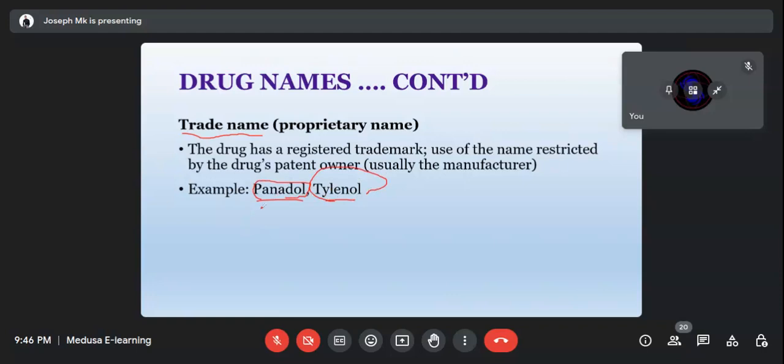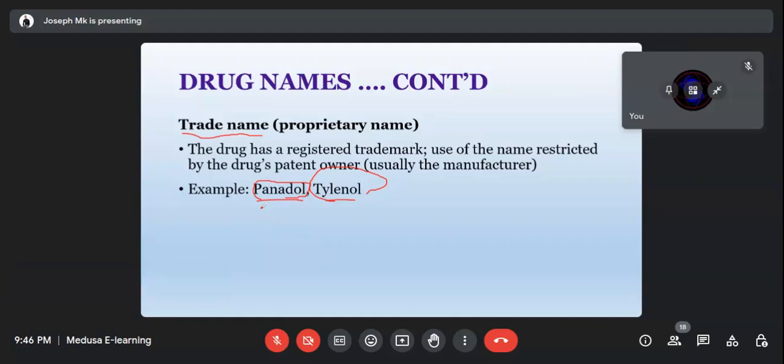But in this same Panadol, there is paracetamol, and everyone can use paracetamol as their ingredient. They just can't call it Panadol because Panadol is a brand name. By this trade name, it is registered, and the use of the name is restricted only to the owners of that same drug.